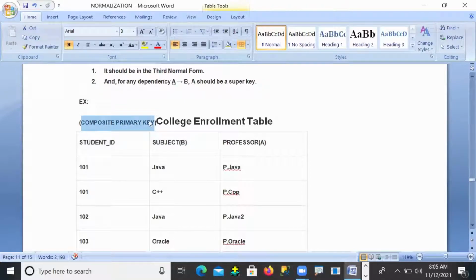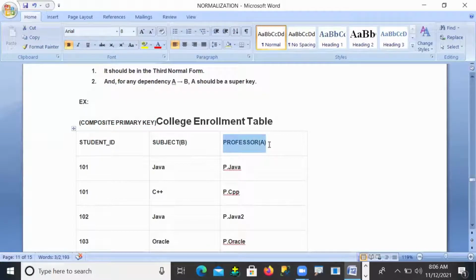So student ID and subject are composite primary keys, and professor is a non-primary key column.